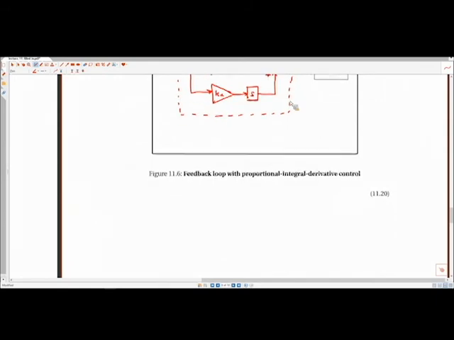So if we look at what the input is as a function of the error, it is the proportional gain times the error, plus the integral term times the integral of the error, plus then the derivative term.